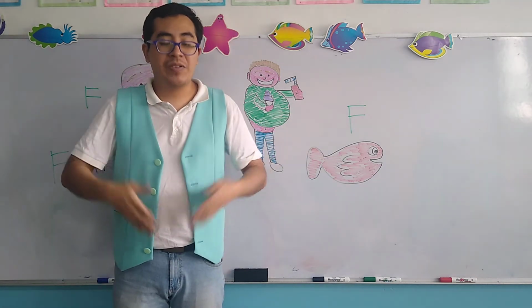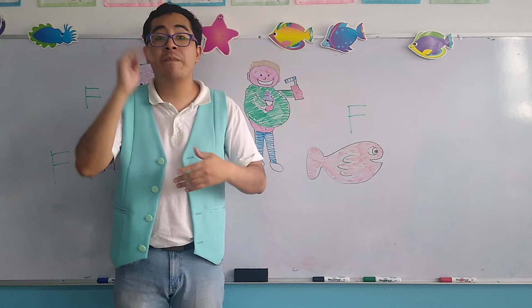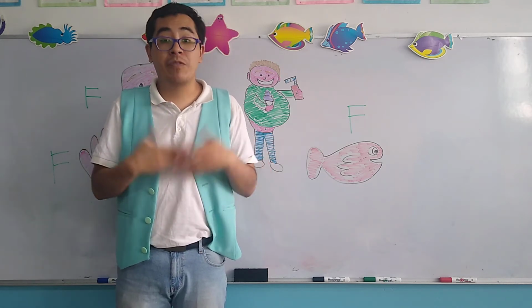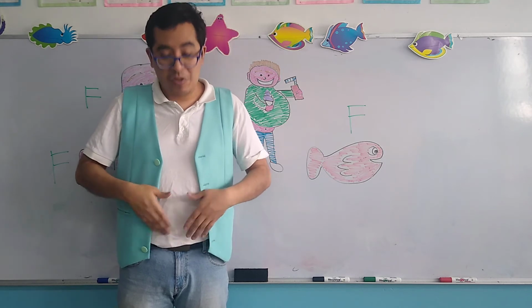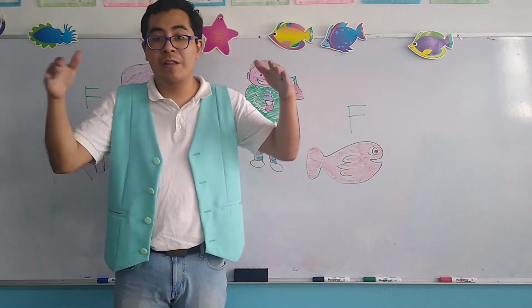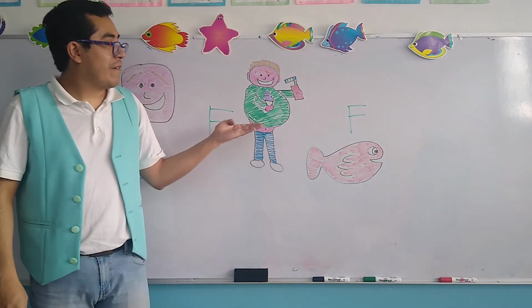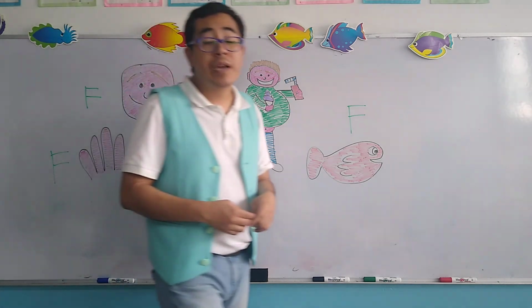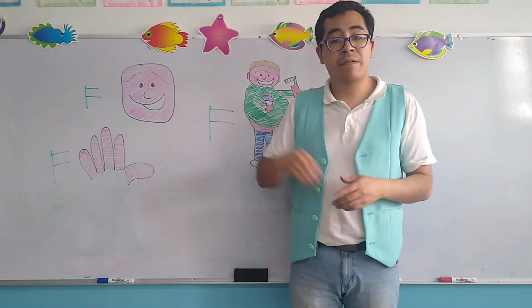So that's why it has a big stomach, because they love food. In the case of the teacher, I myself consider myself a fat person, because look at my big belly, okay? So we have the fat person. It's a word that begins with the capital F, okay?